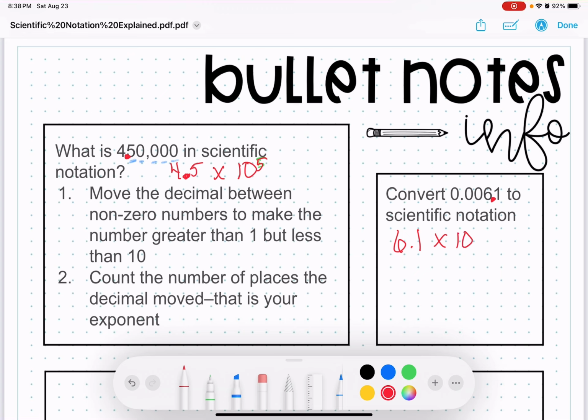And how many times did we move that decimal point? 1. So 1 is always where that 6 is. 2, 3. So that will be 10 to the negative 3 because we moved our decimal in the negative direction.